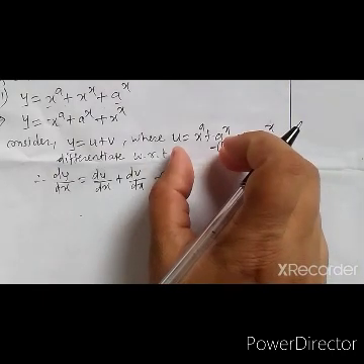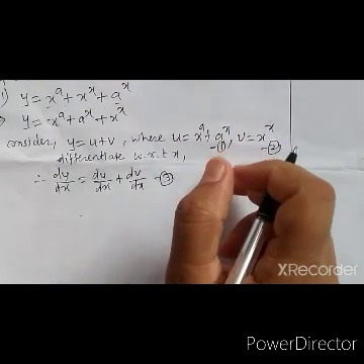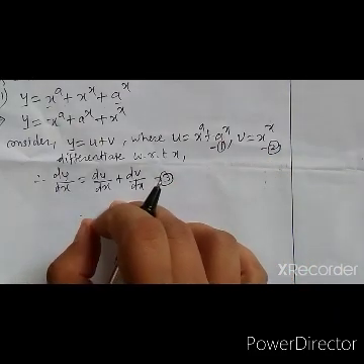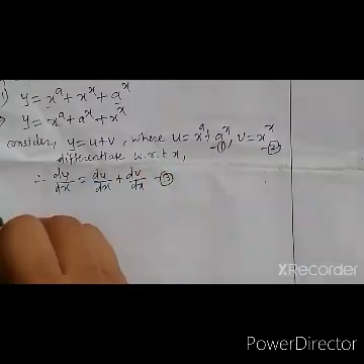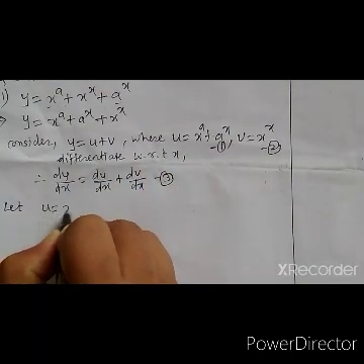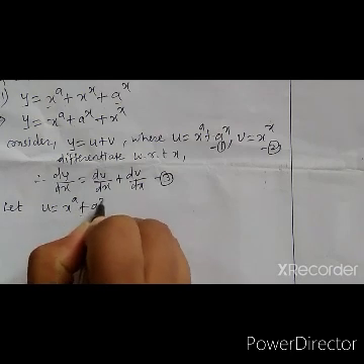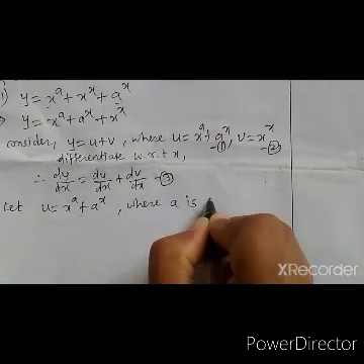So first we have to find the derivative of u, then v, and then we can write their derivatives in equation number 3. So let us see, first u is equal to x raised to a plus a raised to x, where a is constant.